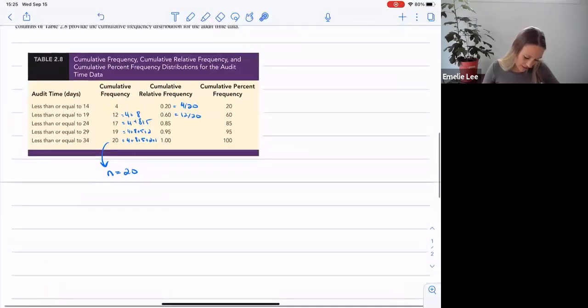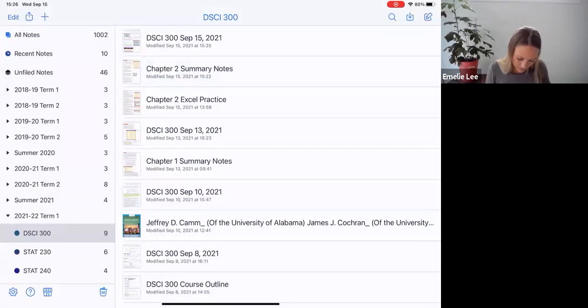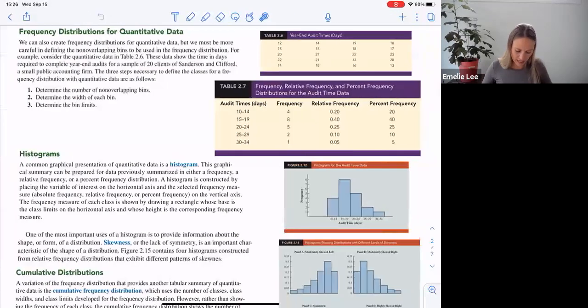Maybe not you guys, but I convinced myself. All right. So, good. We don't use tables that often for numerical data because it's easier to just visualize it, but it's good to have seen it at least.